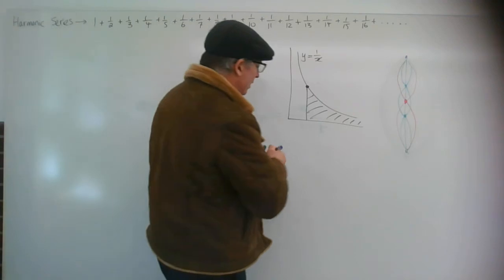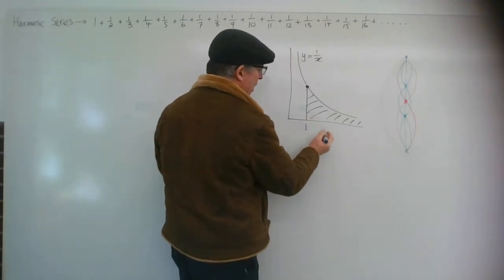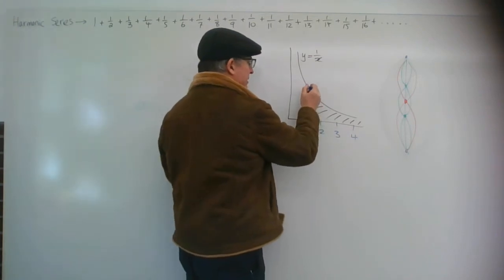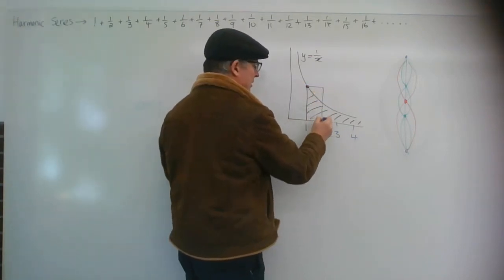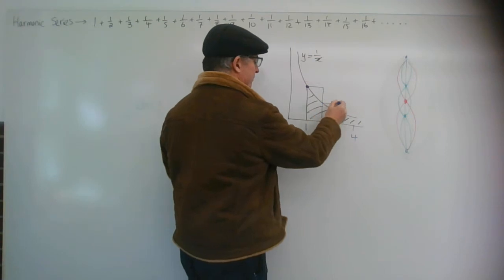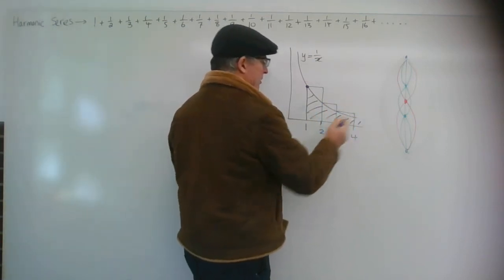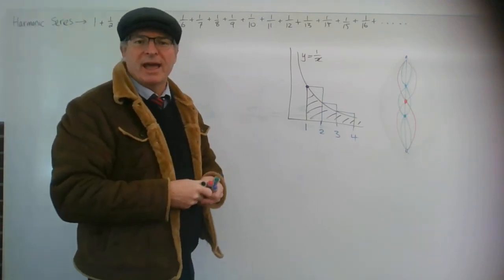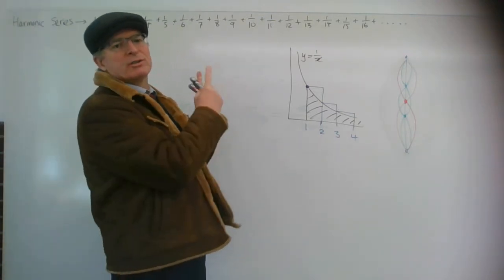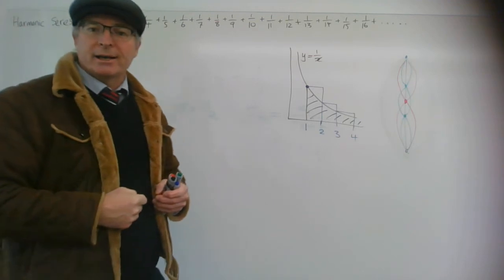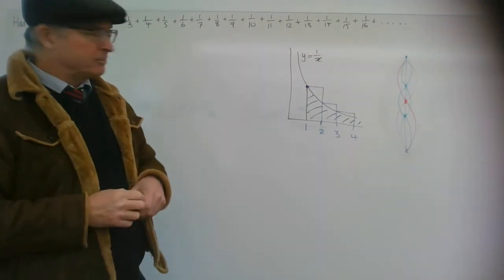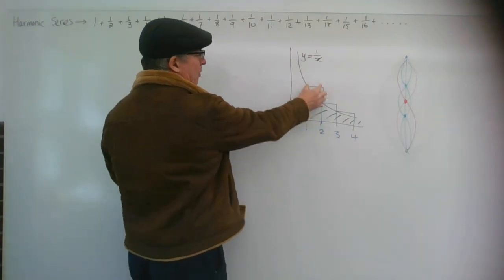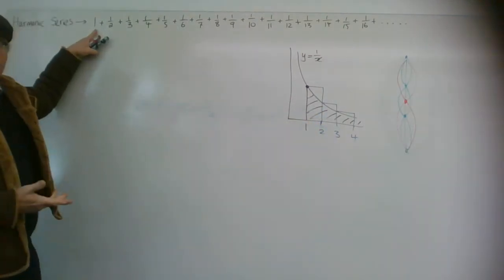And if we took, say that's 1, 2, 3, 4, if we made some rectangles here, then we could see that the area of each of these rectangles will correspond to our series above when we add them together. For example, this first rectangle is a 1 by 1 rectangle. 1 times 1 area is 1.